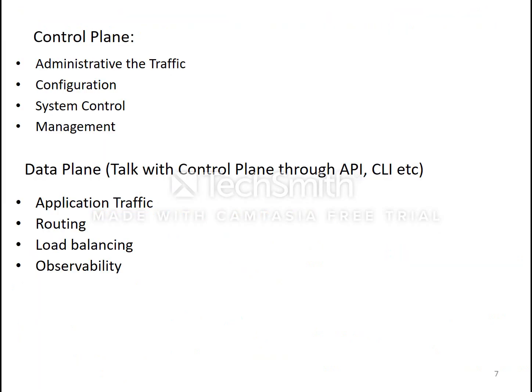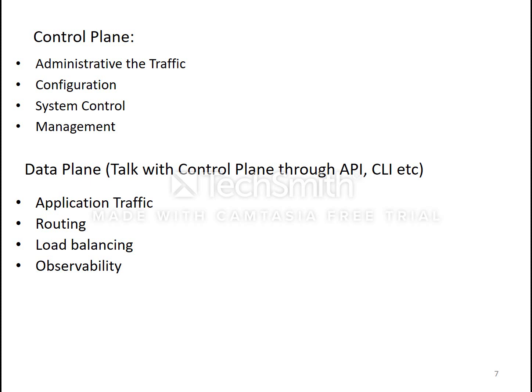So see, the control plane's work is administrative: traffic, configurations, system control, and management. And the data plane handles application traffic, routing, load balancing, and observability. This is the basic working difference between the control plane and data plane. So is it possible that all are working independently?